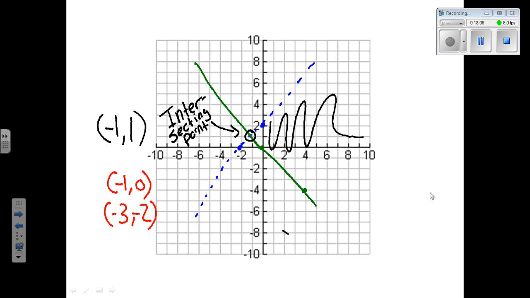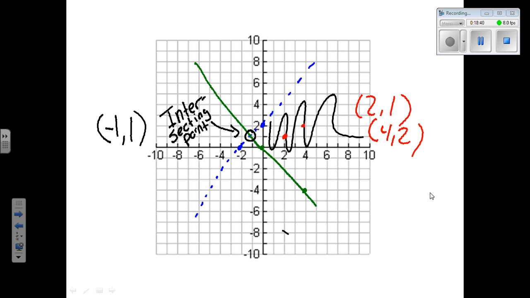So let's do that again. Let's pick two new points. All right, so 2 and 1 and 4 and 2.